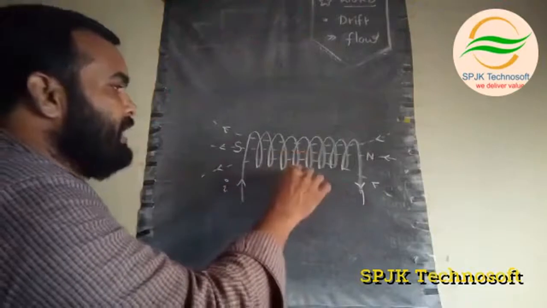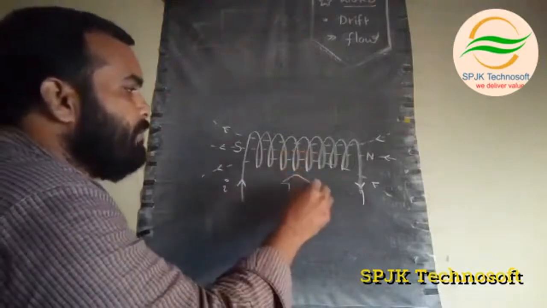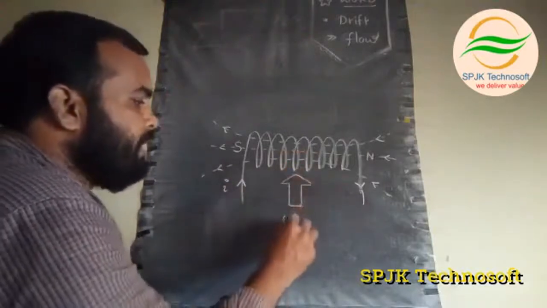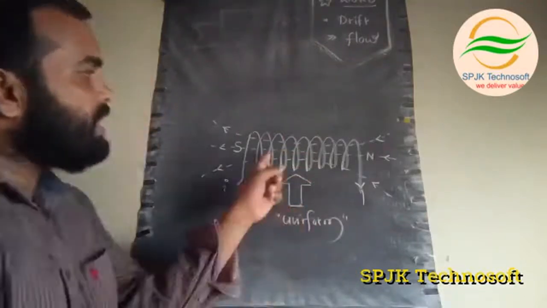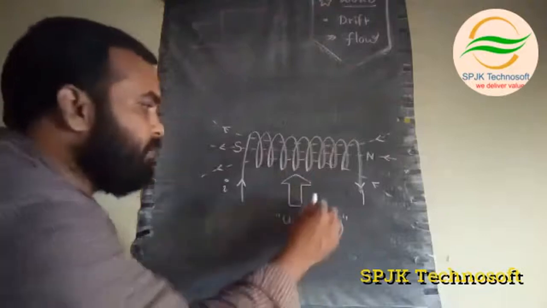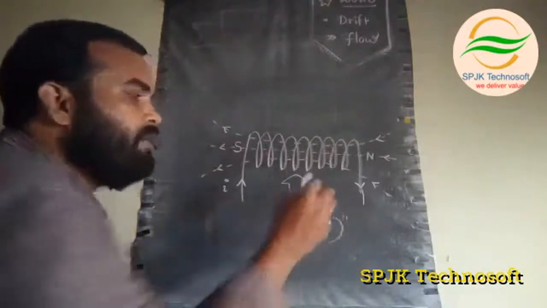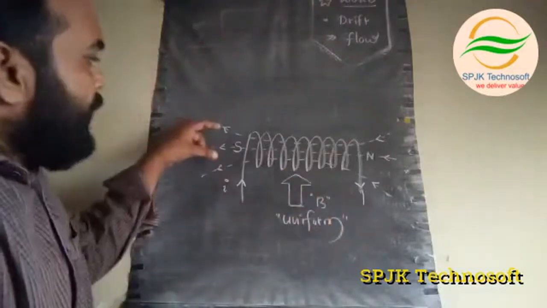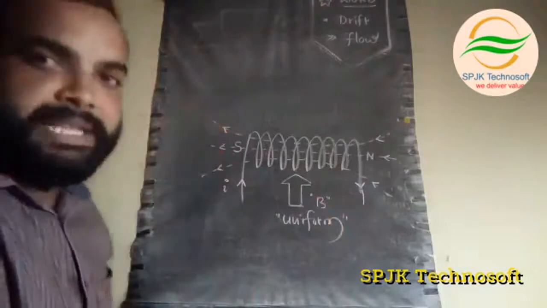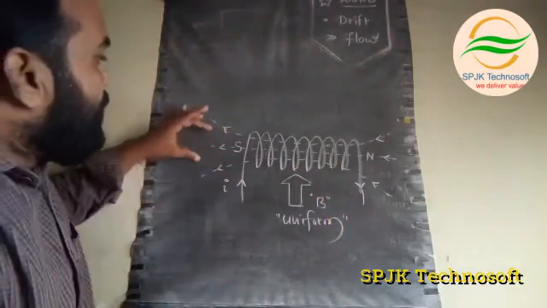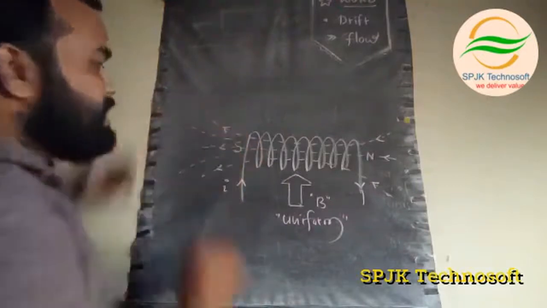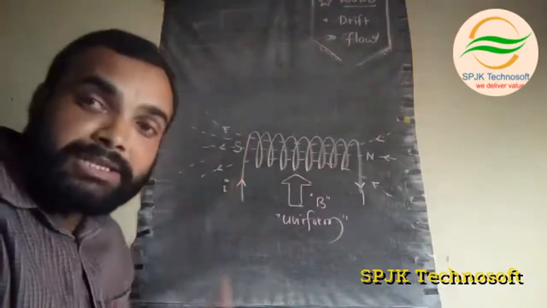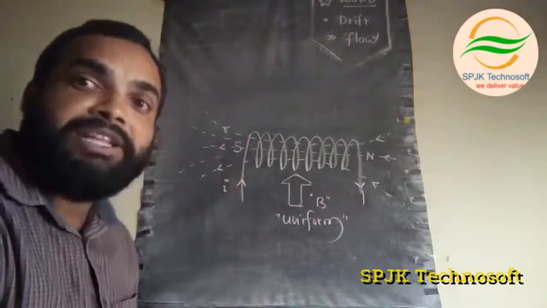Especially at the center, the magnetic field is uniform. Inside the solenoid the magnetic field B is uniform, whereas at the ends its value slowly decreases. The magnetic field lines have less density there, that is, the strength of the magnetic field is decreasing.